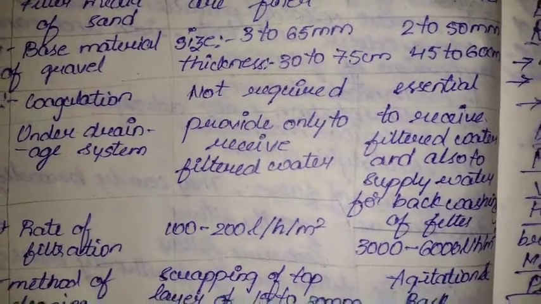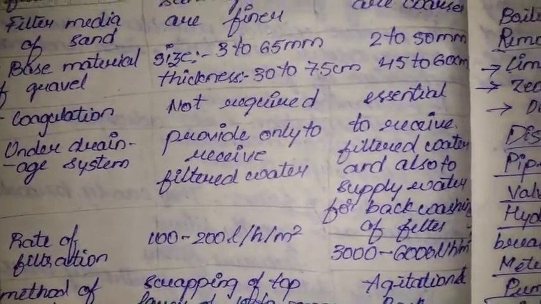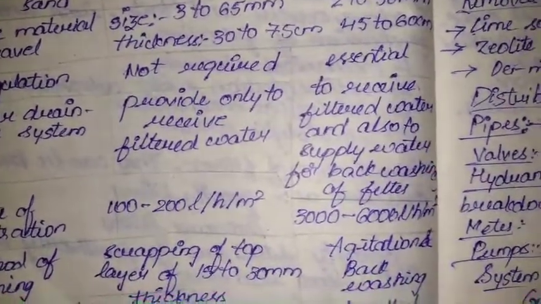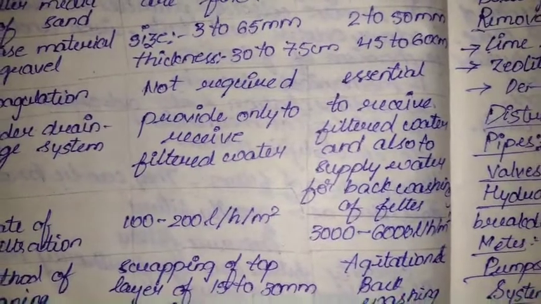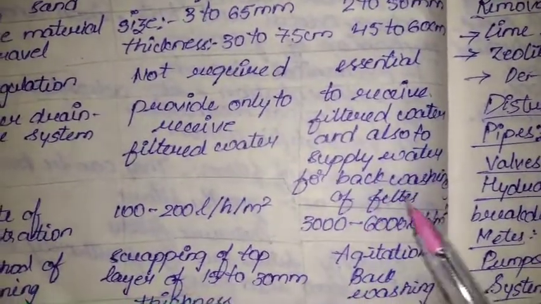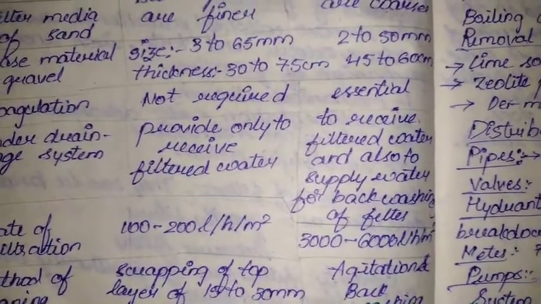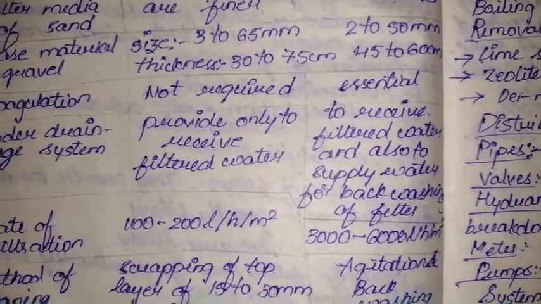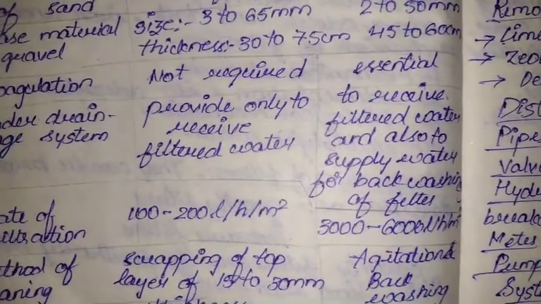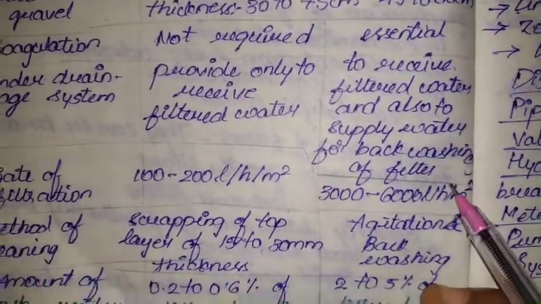Here in the slow sand filter, we have just one outlet for receiving the filtered water, whereas in rapid sand filters, along with that outlet, we have another one from which we can supply the water for backwashing of the filter. Whenever the filter is not effective in filtering the water, we clean that filter and arrange it again. That is what is called backwashing.